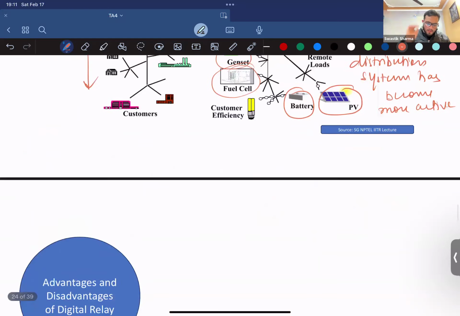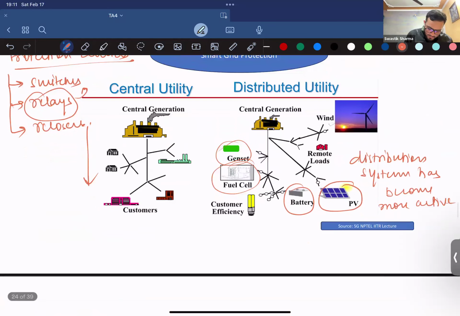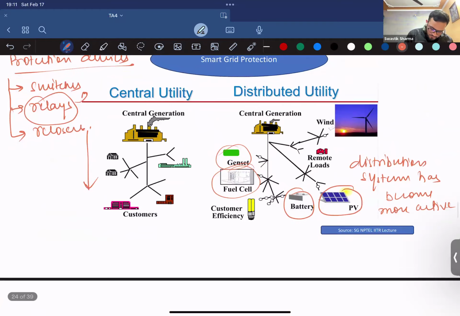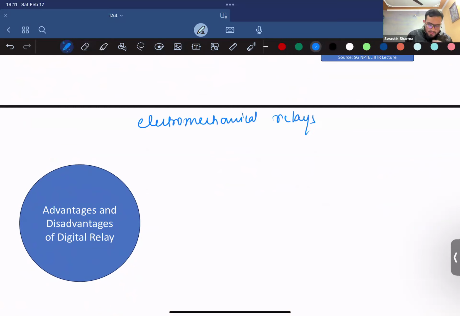Before, you used to have electromechanical relays. These electromechanical relays had moving parts, and with the evolution of time, you went to static relays. These static relays did not have any moving parts.